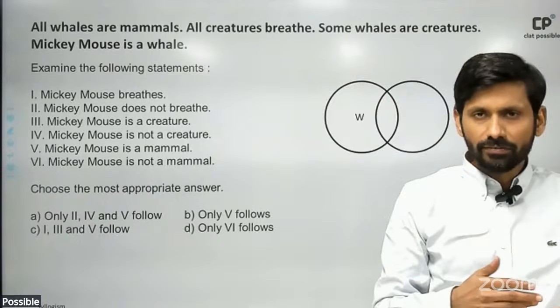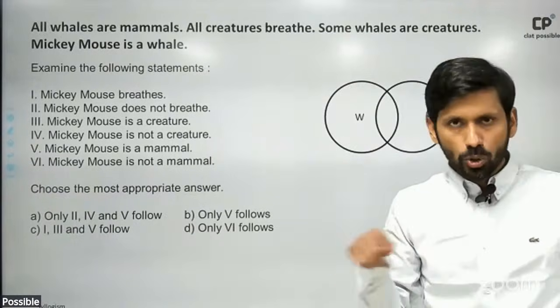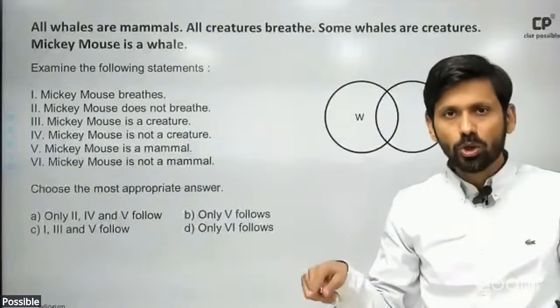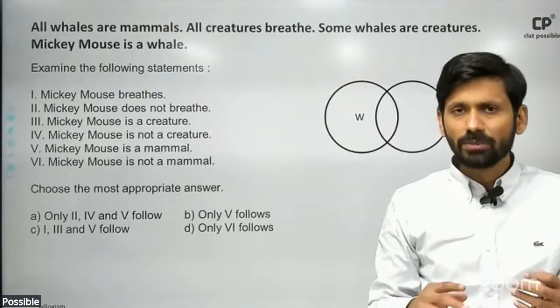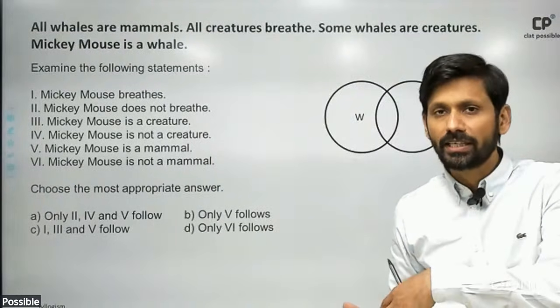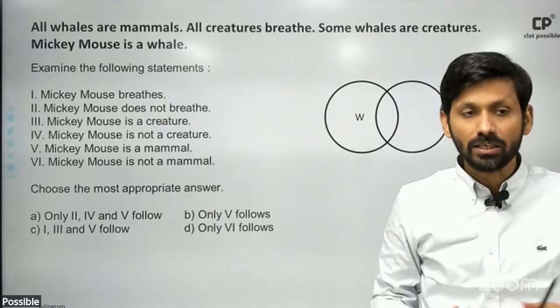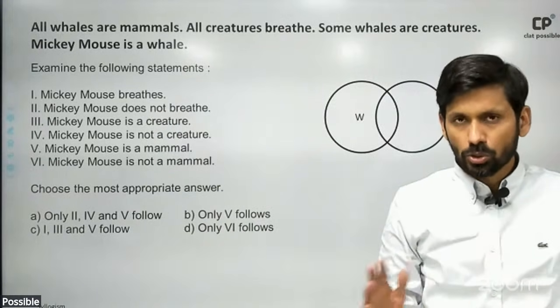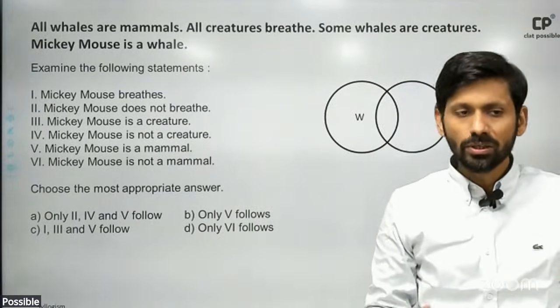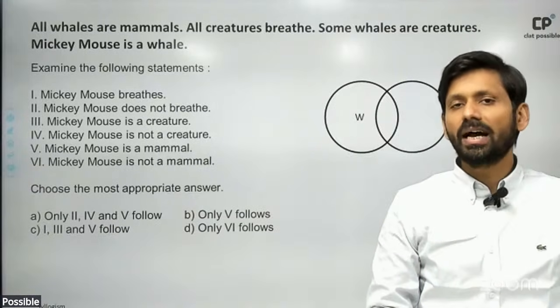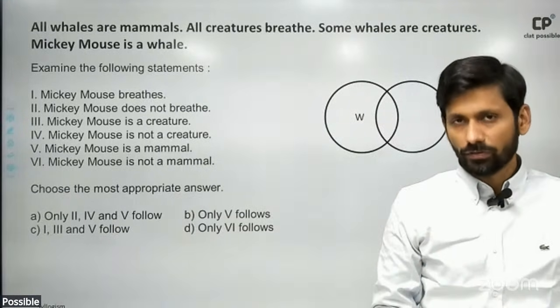Don't see statement one and draw it, and then see statement two and draw it, because sometimes I would have drawn it a little differently had I known this statement would come. So just look at all the statements in one go, and then start drawing it in a manner that it becomes very clear.